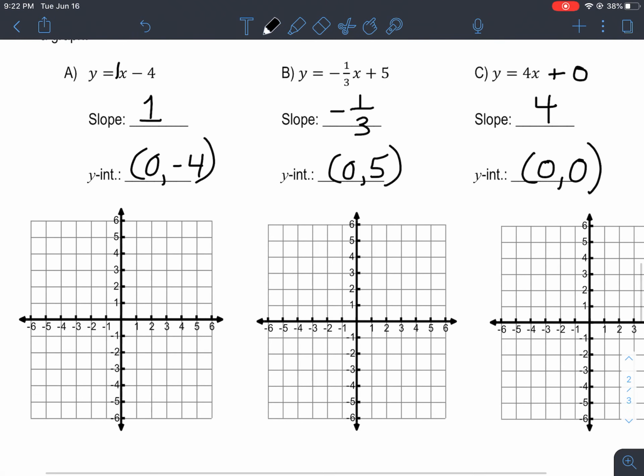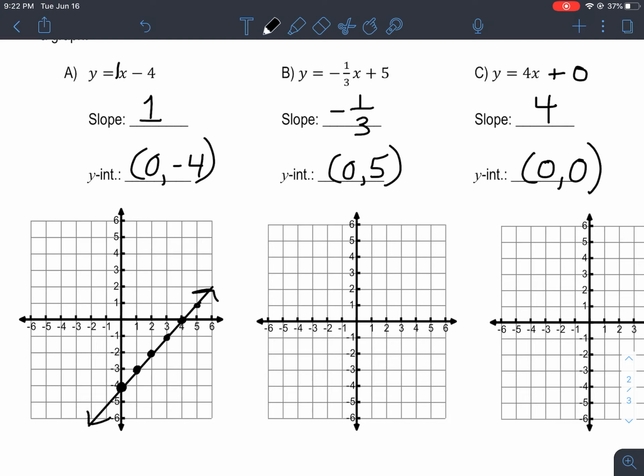And then just plot your points. So 0, -4, plot my y-intercept. Use my slope, up 1 over 1. Remember, if it's just a whole number, it's always over 1, so it's going to be right 1. And there we go. It's just as easy as that.